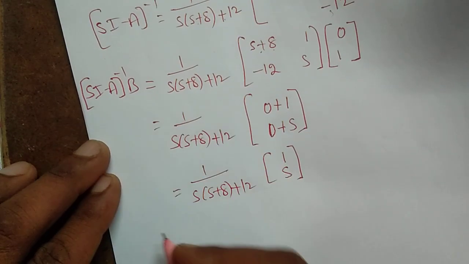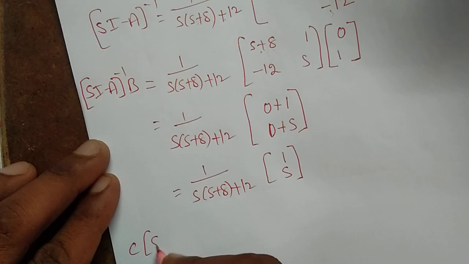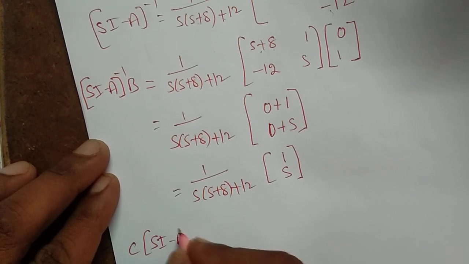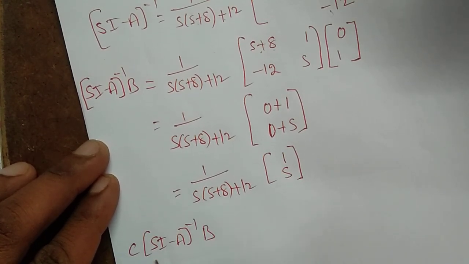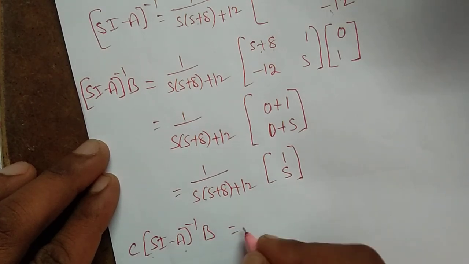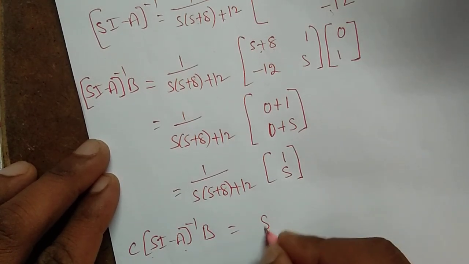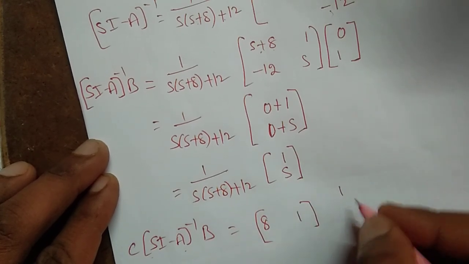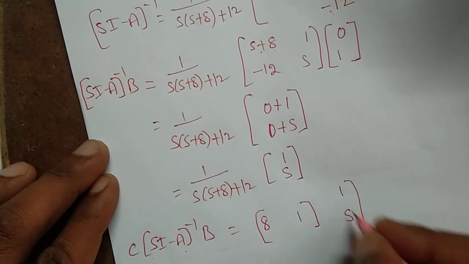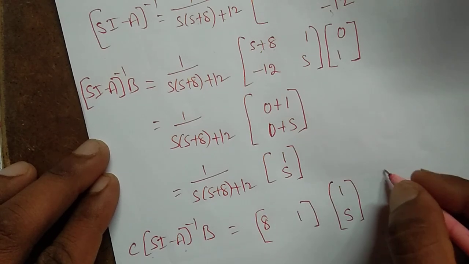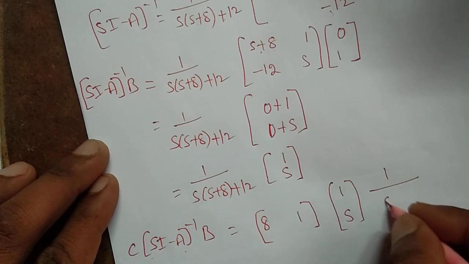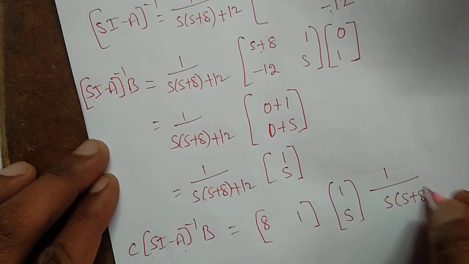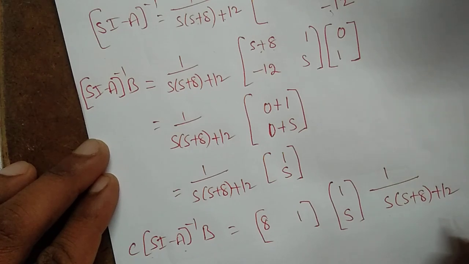Next is C into (sI minus A) inverse B. The C is the matrix [8 1], multiplied by [1; s] over s into (s plus 8) plus 12.